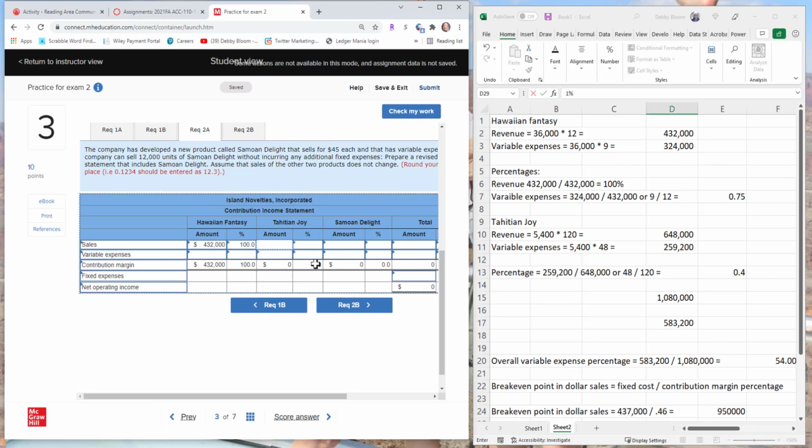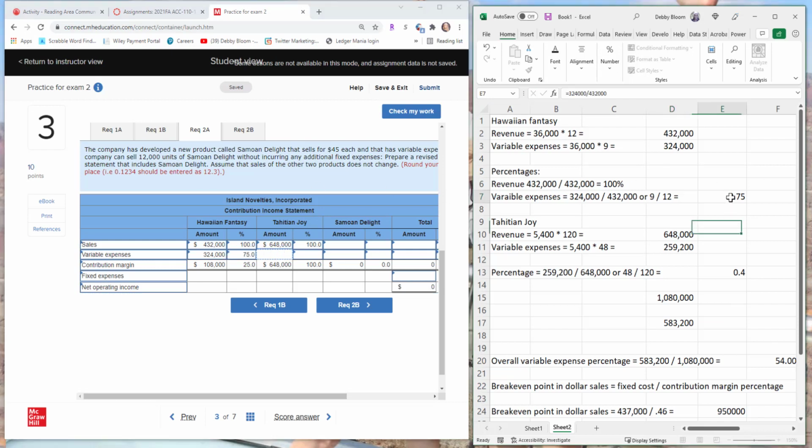We already calculated our sales of Tahitian Joy as $648,000, and that also was 100% of their sales. And we'll put in the numbers for the variable expenses before we calculate Samoan Delight. So Hawaiian Fantasy, their variable expenses were $324,000, and their expense percentage was 75%.